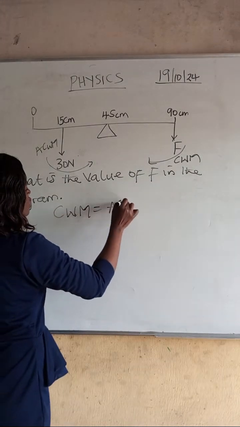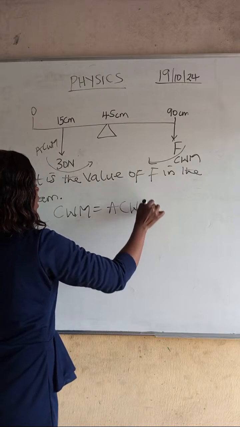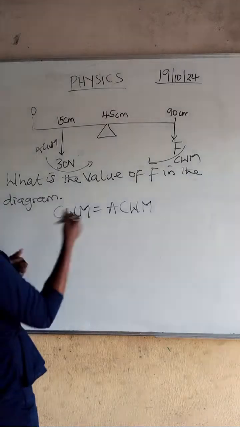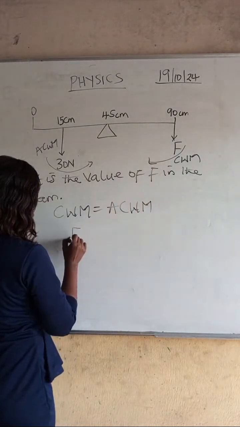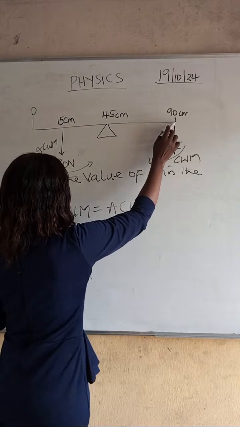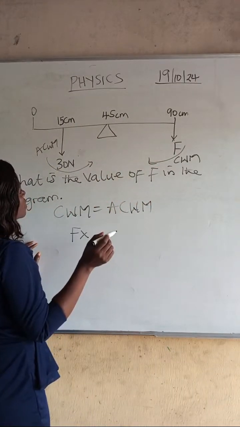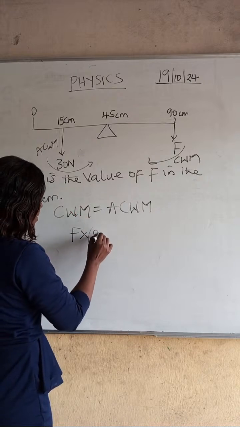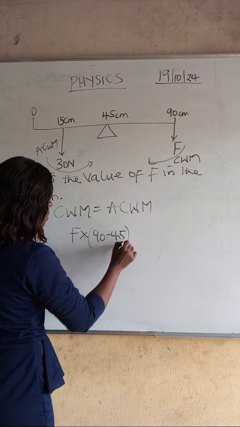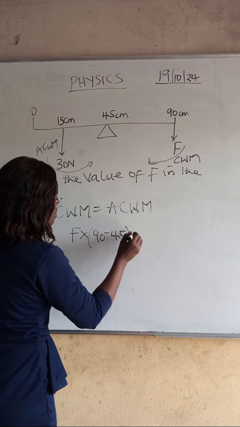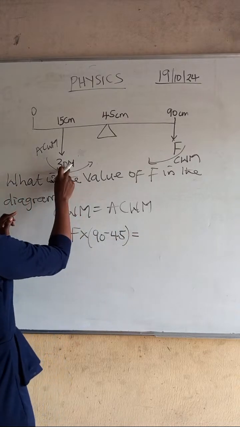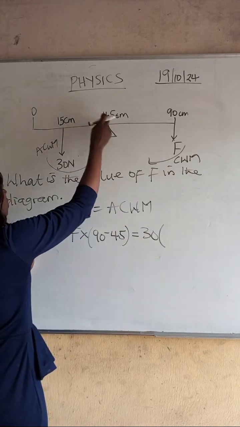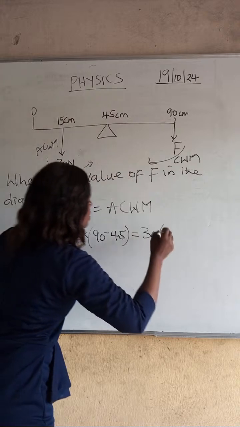is equal to anti-clockwise moment. Okay? So we have the force times the distance from here to here, right? So I'm going to say 90 minus 45 is equal to 30 times the bracket difference between this and that, which is 45 minus 15.